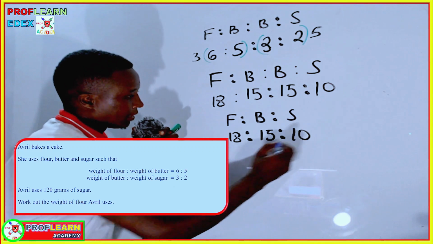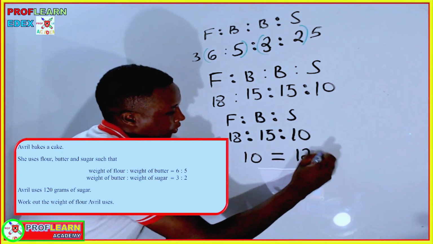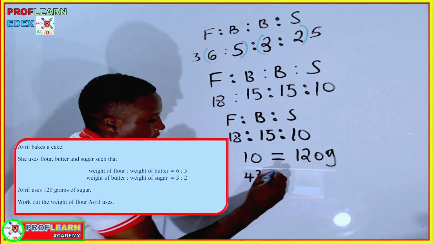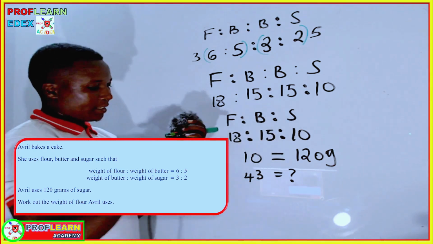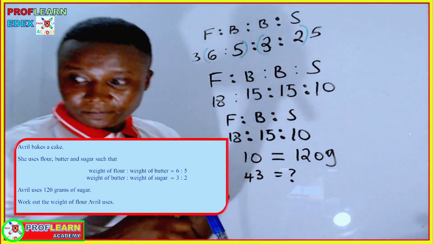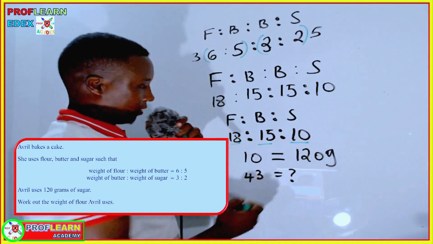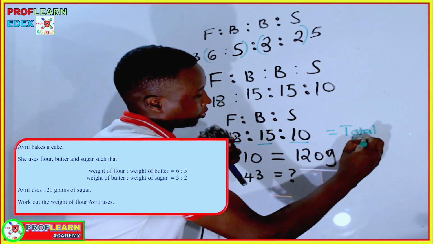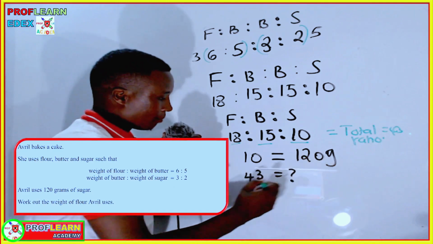So meaning that 10 is equal to 120 grams. What about 43 is going to be equivalent to what? If I add here to get the total ratio, in this case it is going to be 18 plus 15 plus 10. So the total ratio is actually 43.